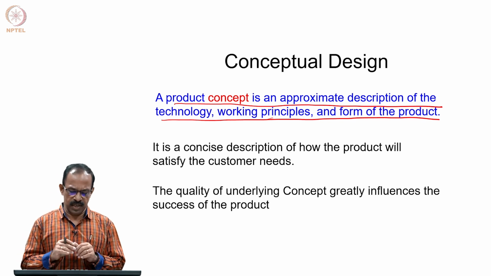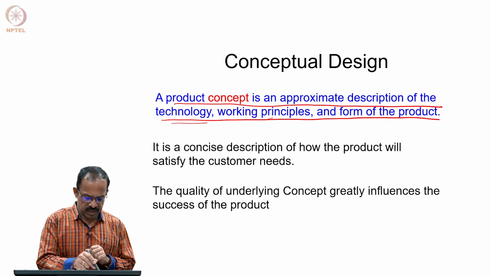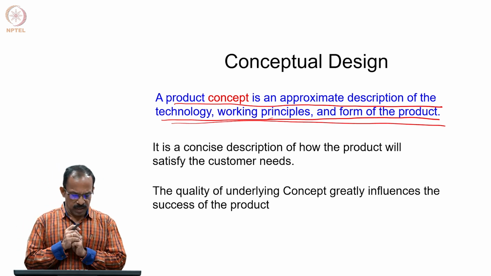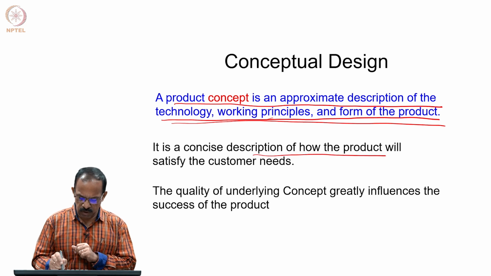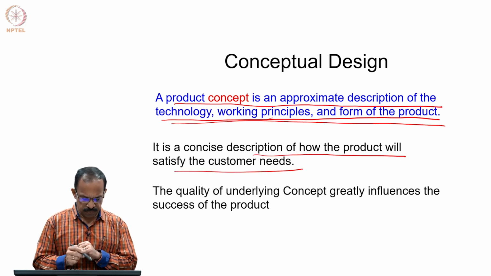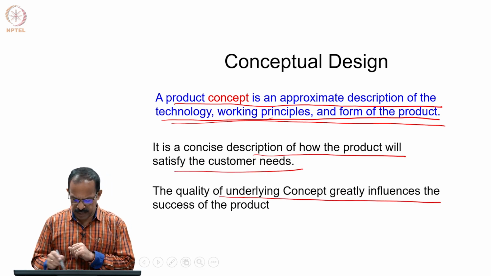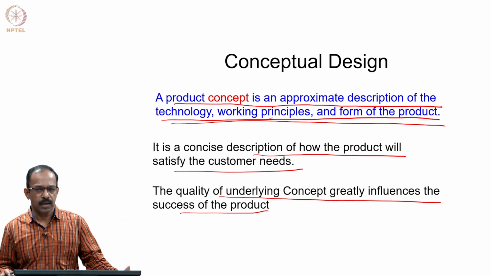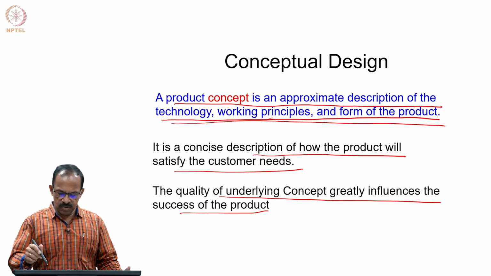That is basically known as the concept of a product or a module, whatever it is. And it is a concise description of how the product will satisfy the customer needs, and the quality of the underlying concept greatly influences the success of the product. Okay, so, that is conceptual design.